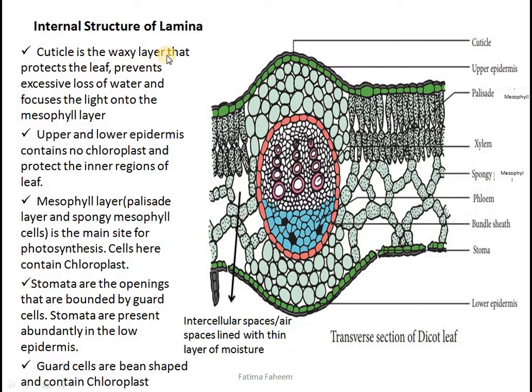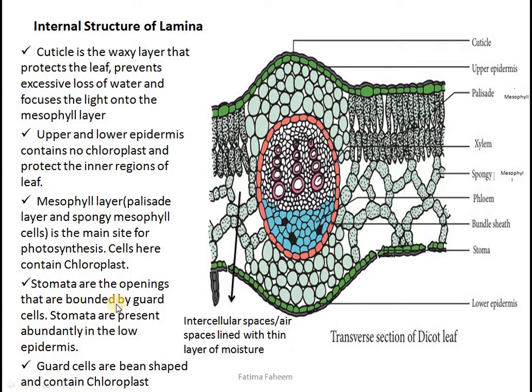Cuticle is the waxy layer. Like I told you, it protects the leaf, prevents excessive loss of water, and focuses the light onto the mesophyll layer. While upper and lower epidermal cells contain no chloroplasts, they only protect the inner regions of the leaf and also focus the light. Mesophyll layer, both palisade and spongy, are the main site of photosynthesis since they contain chloroplast.